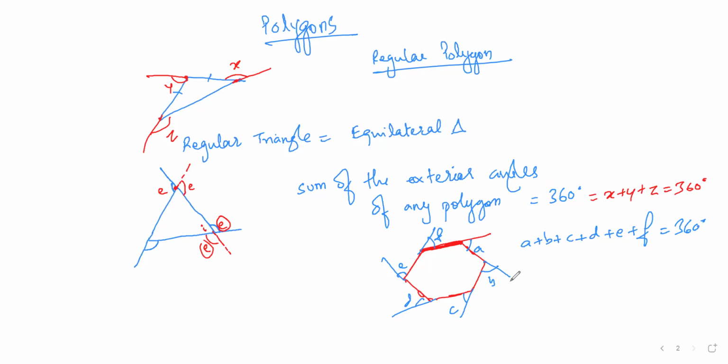Now the next point on polygons. First of all, understand regular polygons: equal sides and equal angles. If the word regular is not there, then do not assume anything.